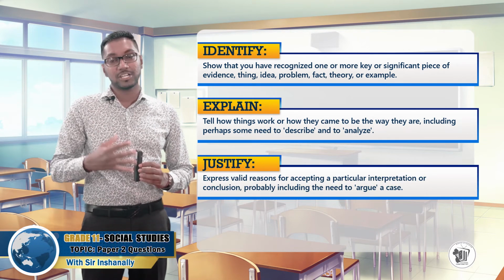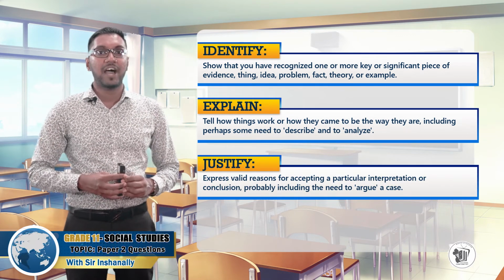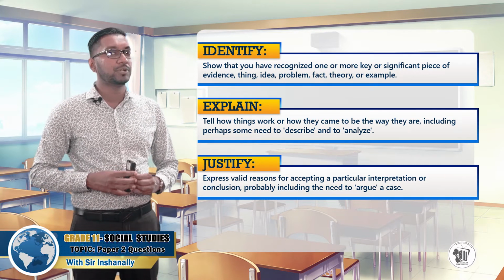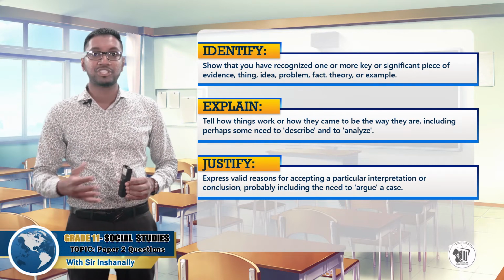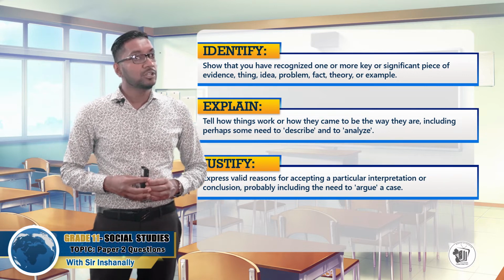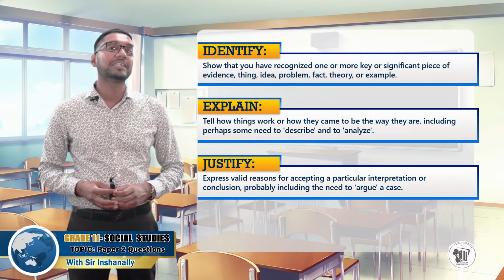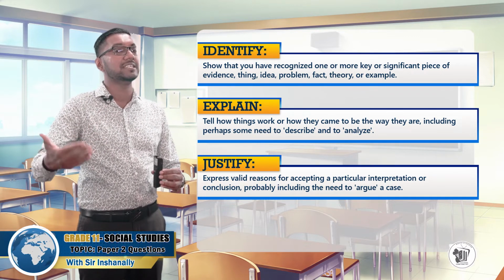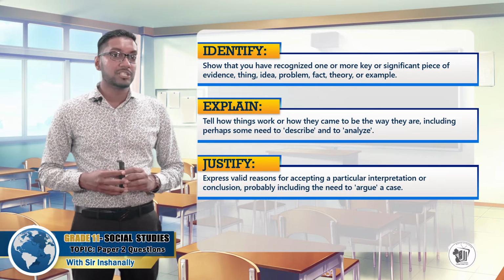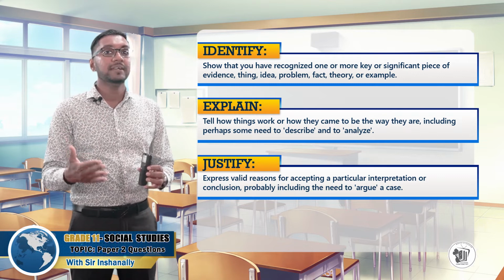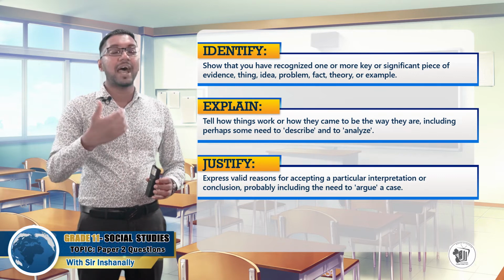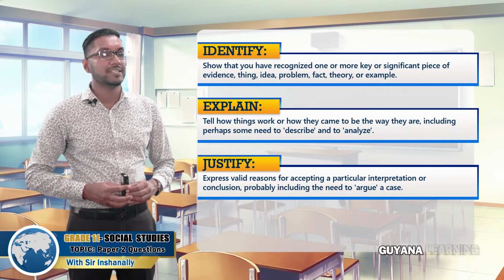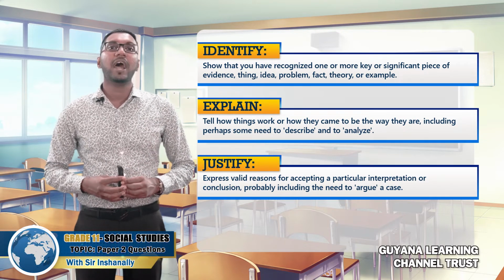When you justify, you express valid reasons for accepting a particular interpretation or conclusion, probably including the need to argue a case. You tell us why you believe this is to be so, and why the action that you suggested is likely to be very successful. So there you have it, class.